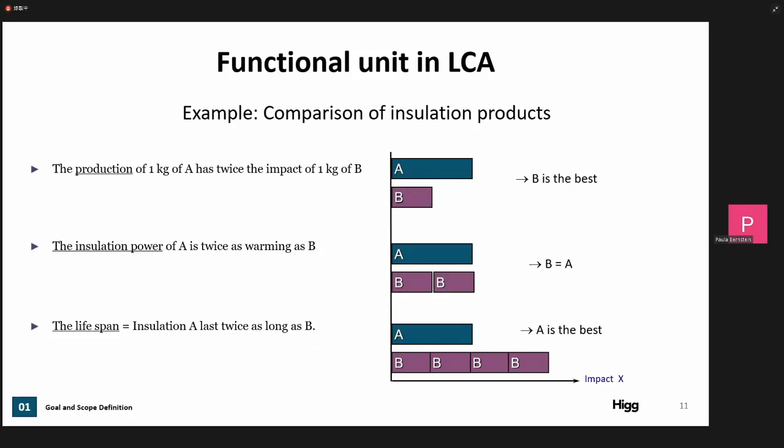So here is a really good example of how important a functional unit is. A good example of looking at this is with insulation products. I know there are some studies out there that have looked at LCAs of different insulation products, and they picked a functional unit that took into account what's called a CLO value, or basically the warming power of the material.